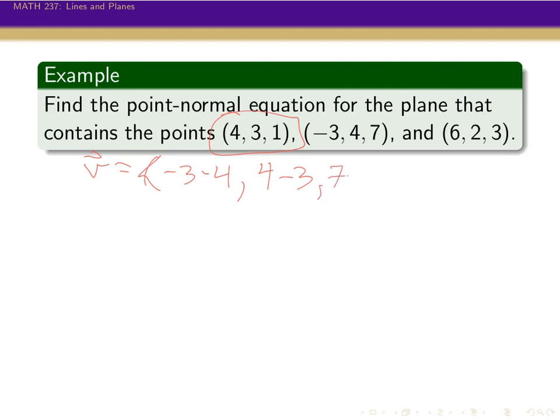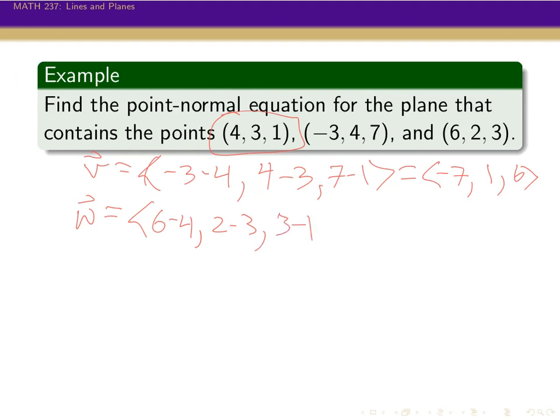And then 7 minus 1. And so that's going to be minus 7, 1, 6. w is going to be 6 minus 4, 2 minus 3, 3 minus 1.